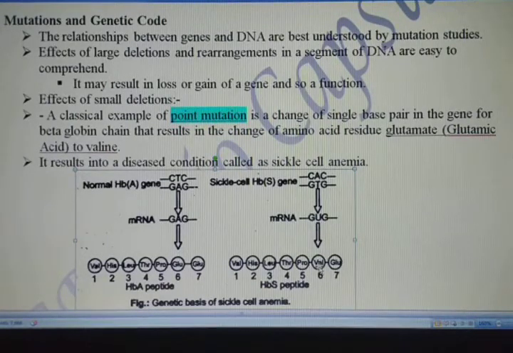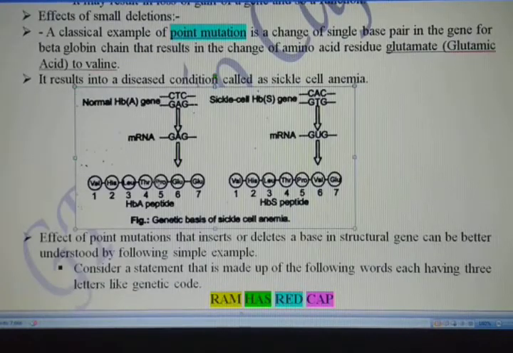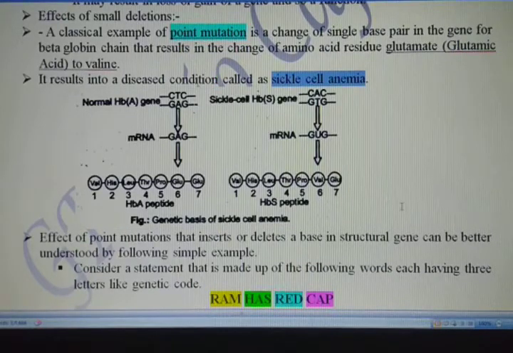Due to that, the condition that has arisen is sickle cell anemia. The RBCs have a different shape, and due to that their carrying capacity for oxygen is reduced, and that affects the person in whose body this problem arises.